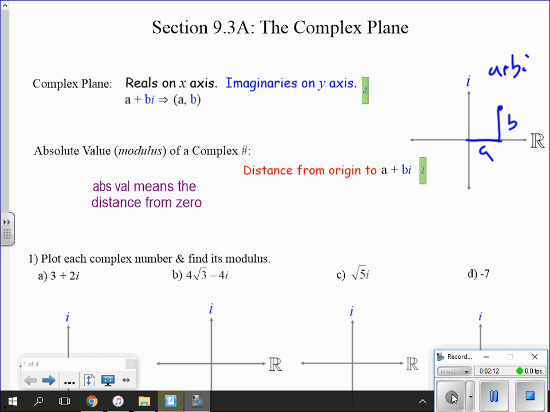In the example that I have here, the modulus is the distance out. To find the modulus, you essentially apply the Pythagorean theorem.